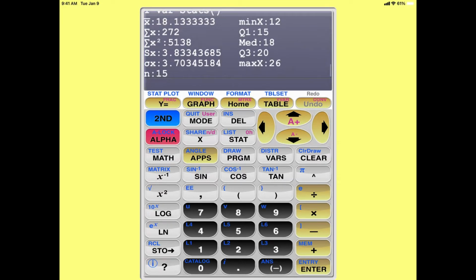Now this is what we were talking about. The first number, x bar, is the mean or average. That is what we wanted. And the population standard deviation is the one we wanted. It looks kind of like sigma x, a Greek symbol there, so that would be 3.7.